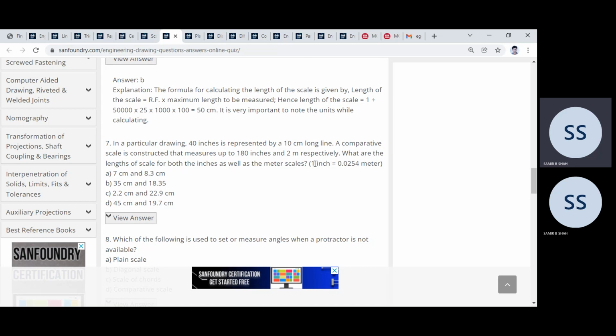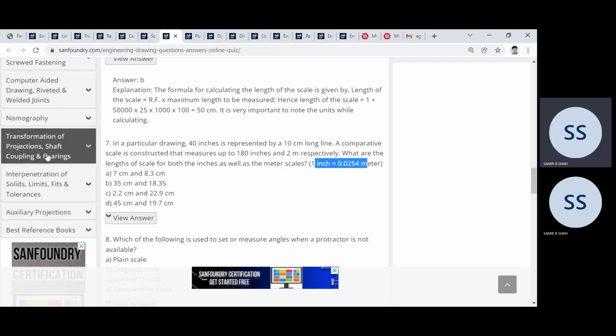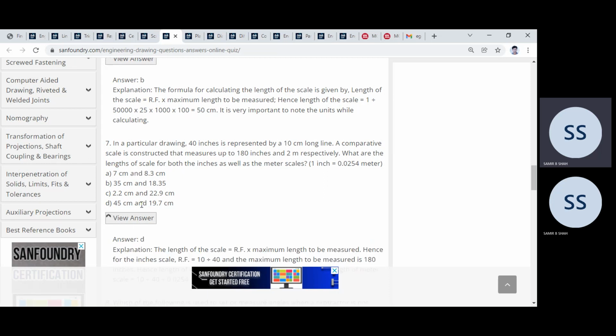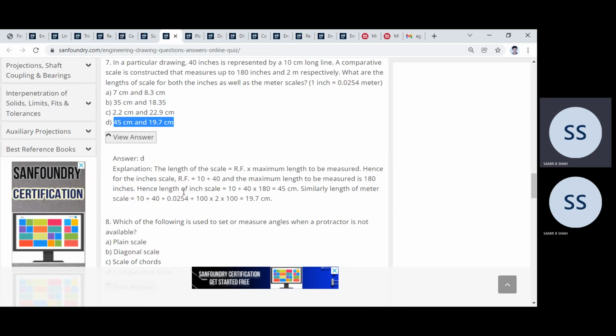The relation is given to you that 1 inch is equal to 0.0254 meter. Okay, if we know the relation, then it's very easy for us to convert to centimeter or meter or millimeter. So you have to remember the relation, and the answer is 45 centimeter and 90.7 centimeter.